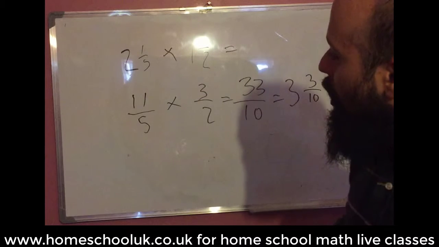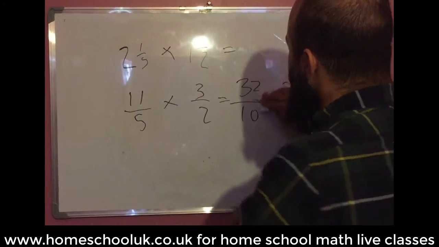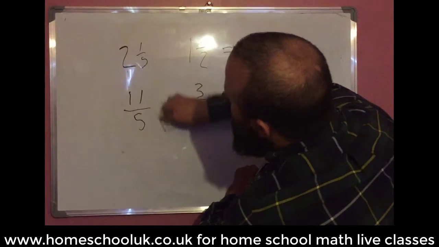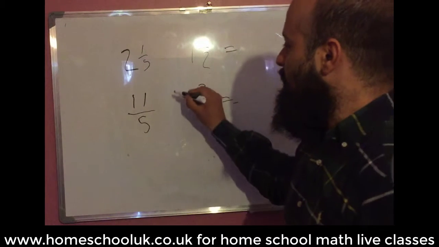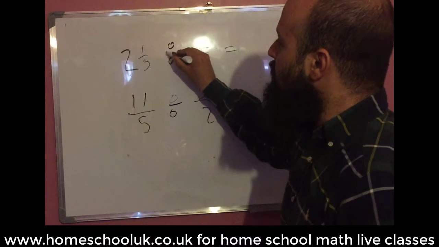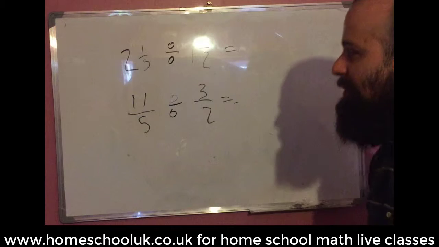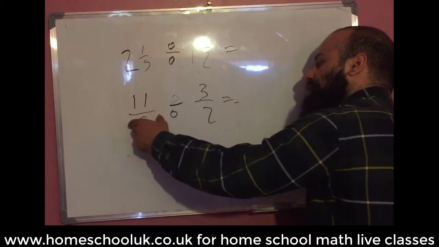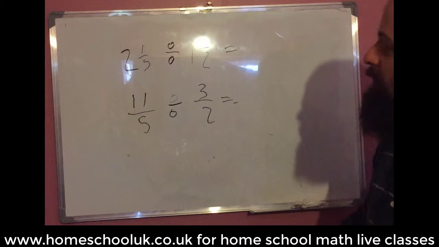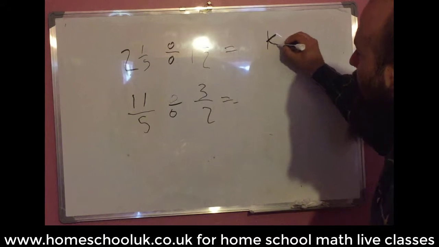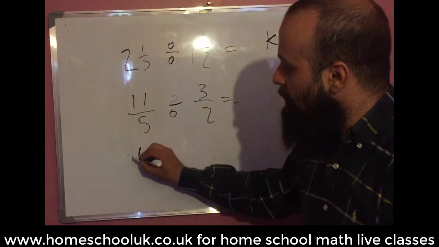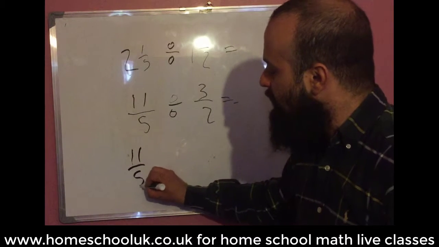And we'll do the last one, which is division. So we'll change all of this to the division sign. Same system. Change the mixed fraction to an improper fraction. And because it's division, we follow the rule KFC. Keep the first fraction the same, so it's 11 out of 5.